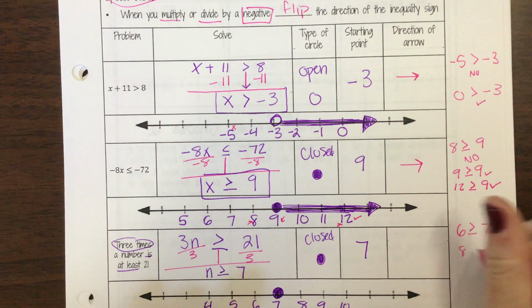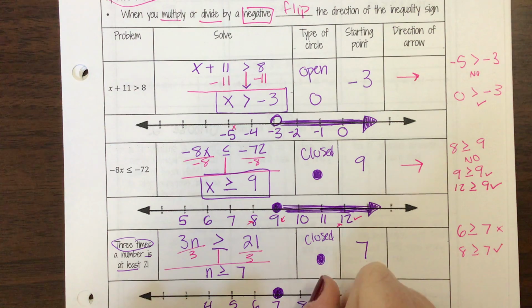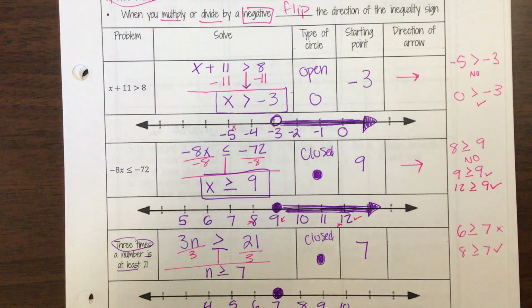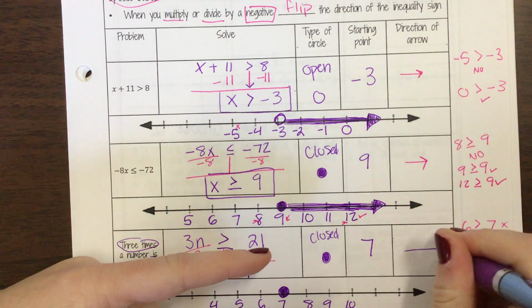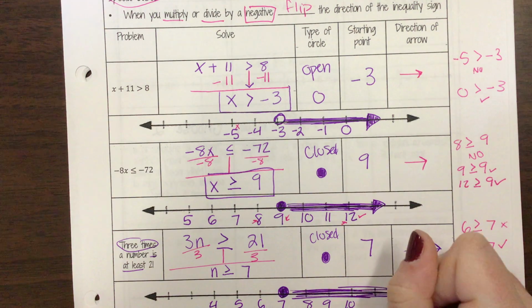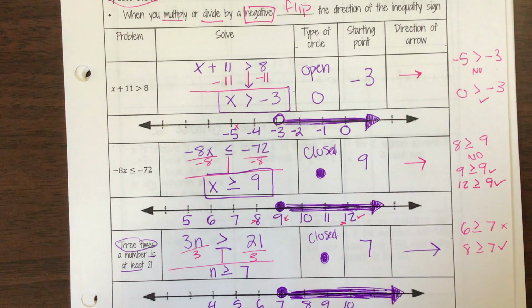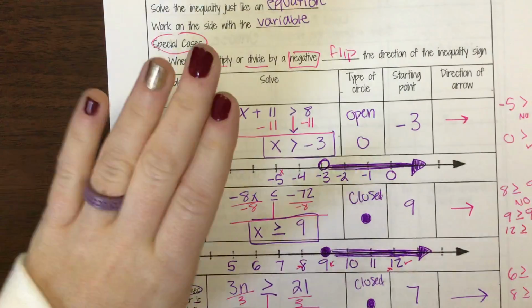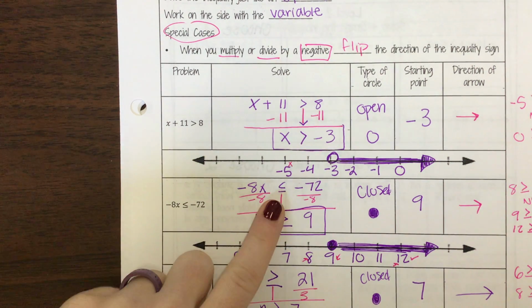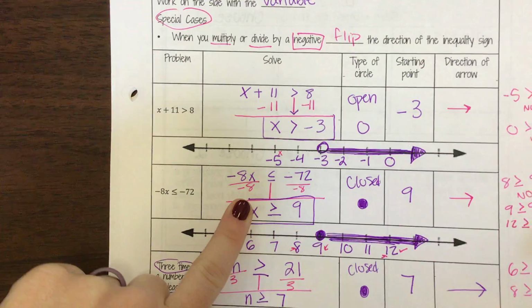Is 8 greater than or equal to 7? Yep. So this side works, so we're going to shade our arrow towards the side that works, which is to the right. And there you have it. Okay, so just like solving inequality, only flip the sign if you multiply or divide by a negative.